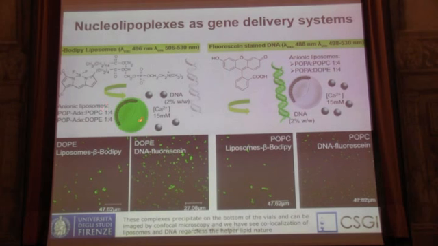You can use it just to image what you want, or, as was highlighted in a very nice talk this morning, you can use confocal fluorescence microscopy, which is the counterpart of light scattering. So you get interesting dynamic information, and from the dynamics of DNA, in this case we follow DNA, you can understand what's going on in the system.